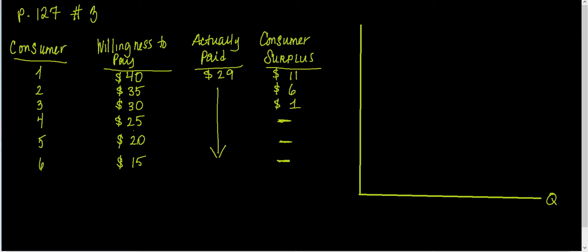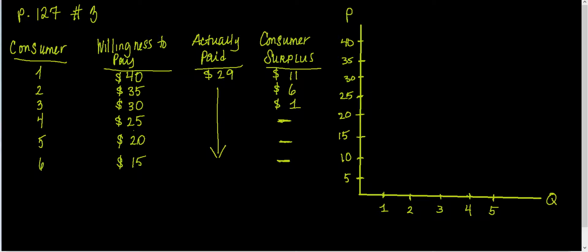So let me start with price. I'm going to plot this starting with 5 and going up in increments of 5, up to 35 and 40. And then my quantity: I can only have a maximum of 6 computer games sold because I only have 6 consumers and each one is buying 1 computer game.